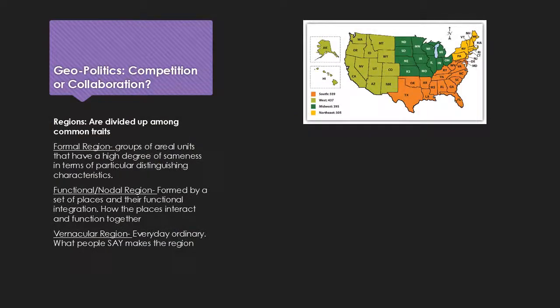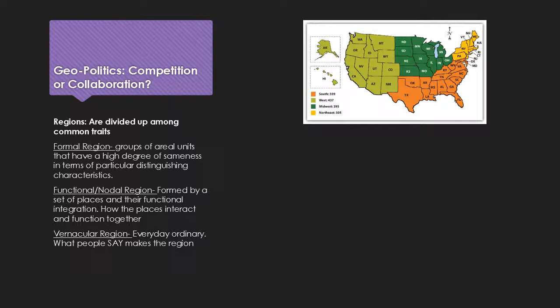So again, is geopolitics competition or is it collaboration? We can see that regions are divided up among common traits. So there's the north, the south, the west, the midwest, and the northeast, and you can divide those among common traits. Does that mean that everyone always gets along? Absolutely not. Even in the 1860s in the United States, during the Civil War, the fight was basically among different ideals.